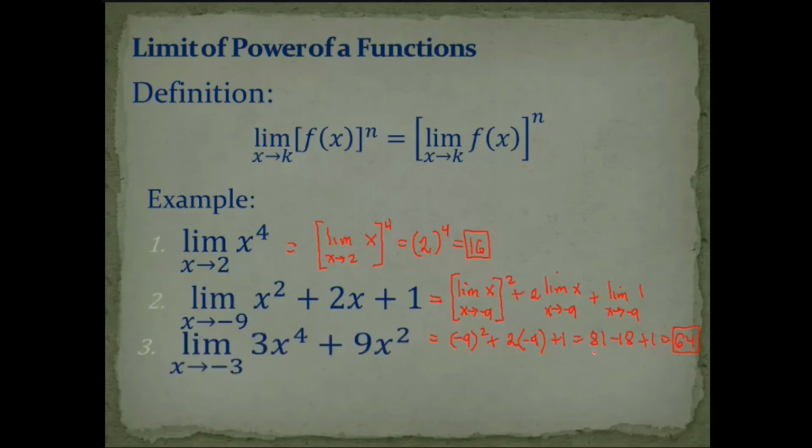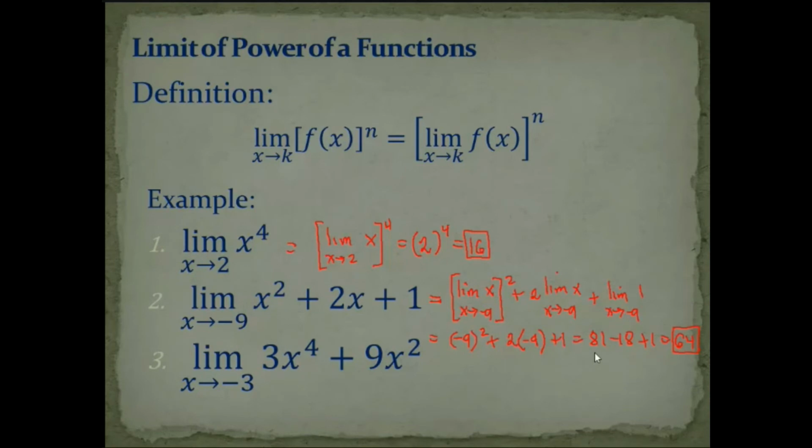Get the limit of 3x raised to 4 plus 9x squared as x approaches negative 3. So dito tayo, siyempre, apart from sum, meron pa tayong number 3 theorem. Gagamitin rin natin yung power. Yung constant, ilalagay natin sa harapan.